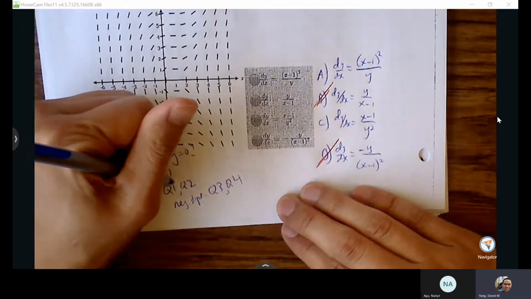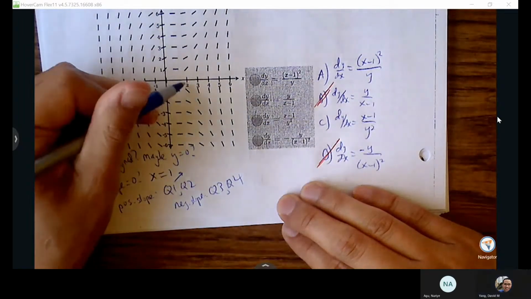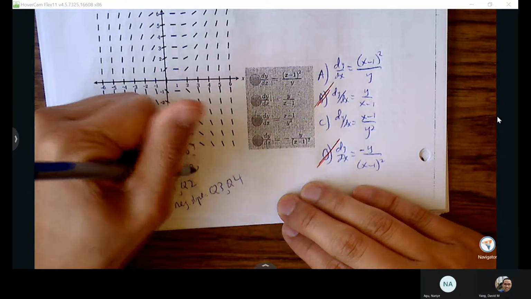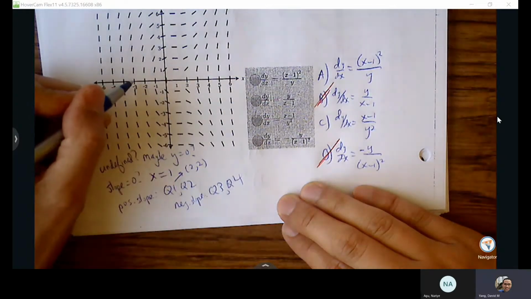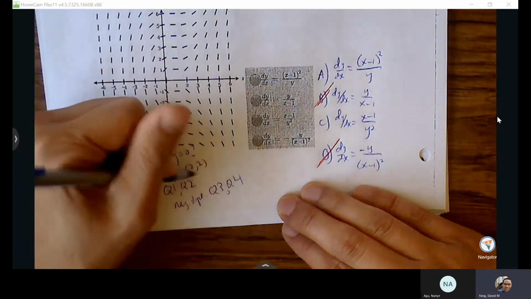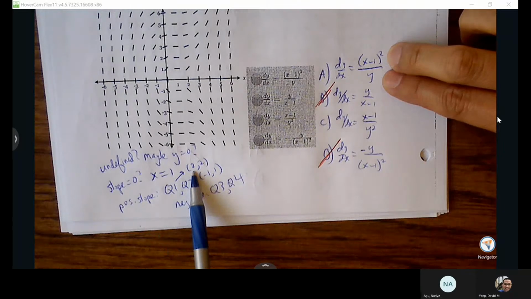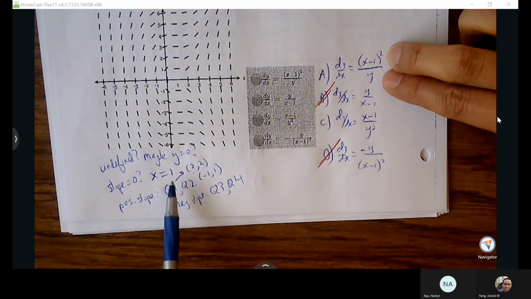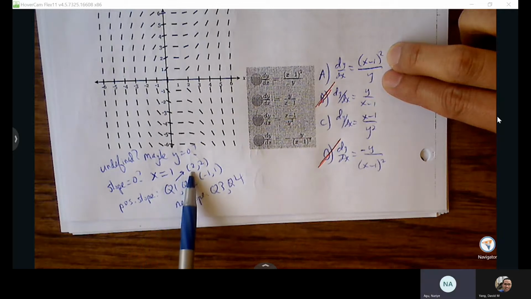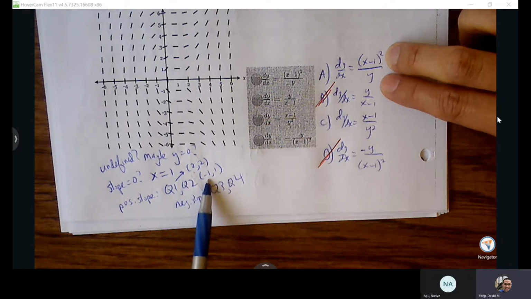So in quadrant 1, let's test out 2, 2. In quadrant 2, let's test out negative 1, 1. If I plug in 2, 2, am I getting positive slope here? Yeah. If I plug in negative 1, 1, am I getting positive slope? Yeah. Okay, so that passes the test.